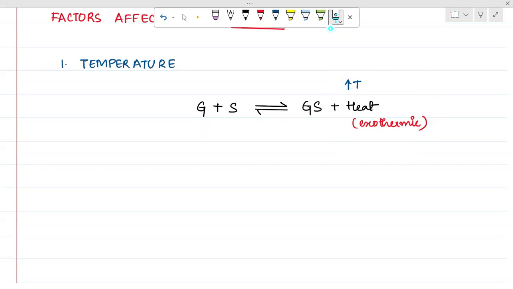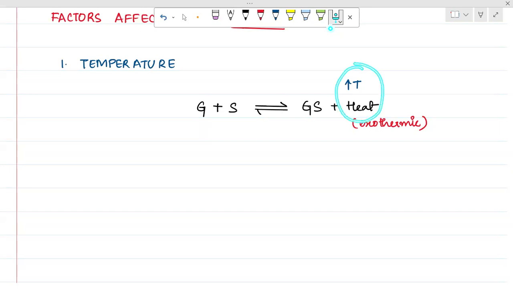Let me repeat it once again. So see, we already said that physisorption is reversible in nature. So this is a reversibility sign and it also attains equilibrium after a while. Adsorption attains equilibrium steadily. Now, when you increase the temperature, which is a form of heat, it is one of the byproducts of the reaction.